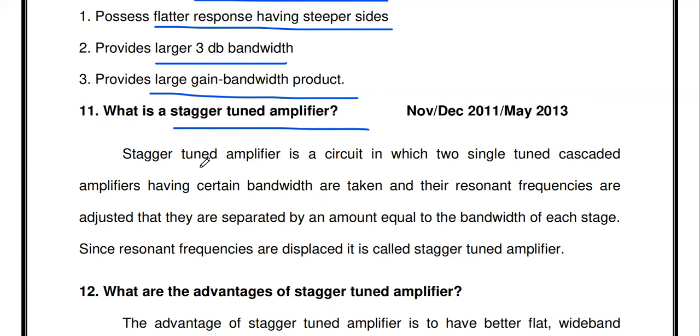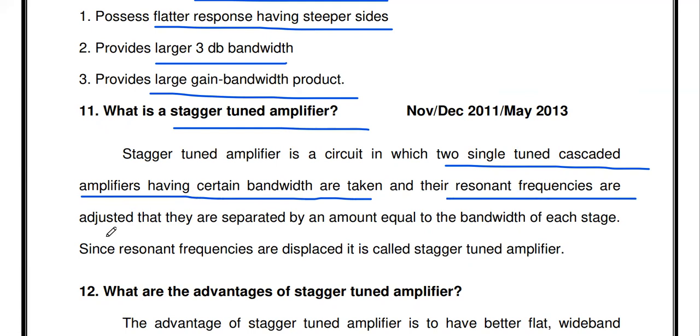The stagger tuned amplifier is a circuit in which two single tuned cascaded amplifiers having a certain bandwidth are taken, and their resonant frequencies are adjusted so that they are separated by an amount equal to the bandwidth of each stage.